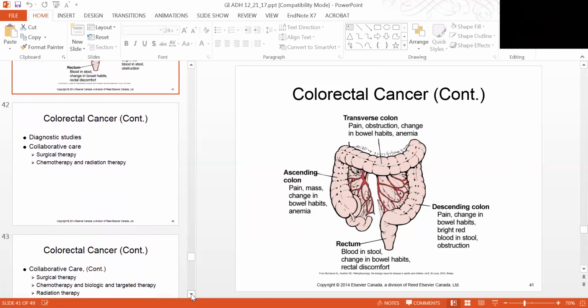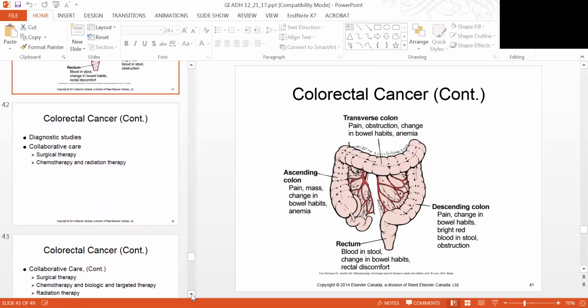For tests for colorectal cancer, patients often will report to the doctor that they've had a change in their bowel habit. They used to go every day, every second day, and now it's once a week. They may be feeling a bit of pressure in their lower rectal area. They might even have pain.